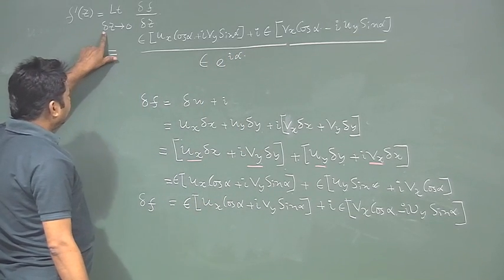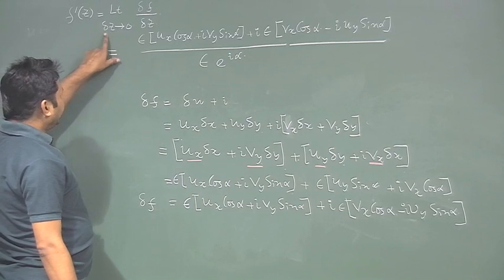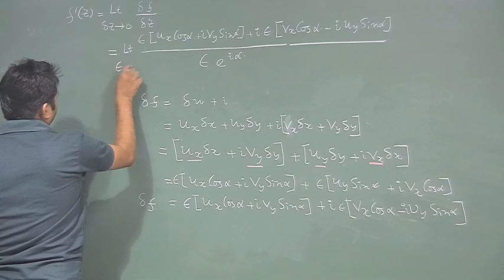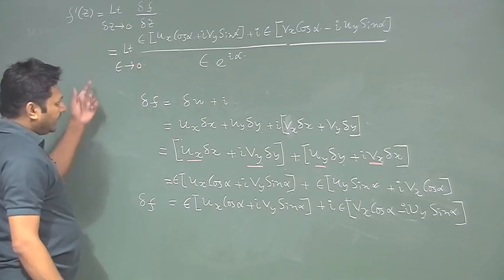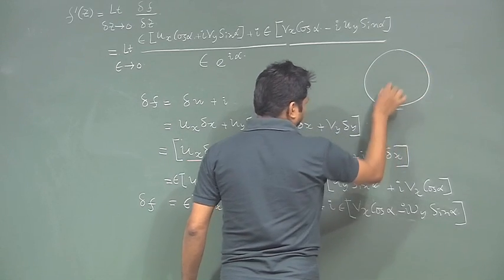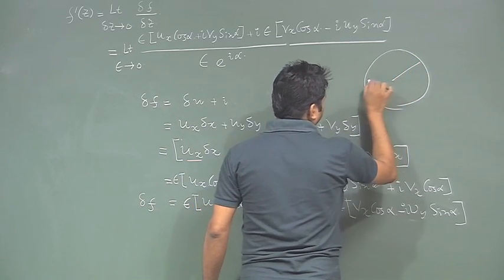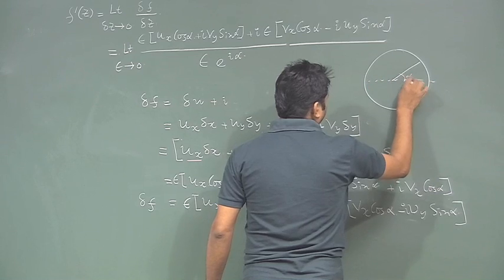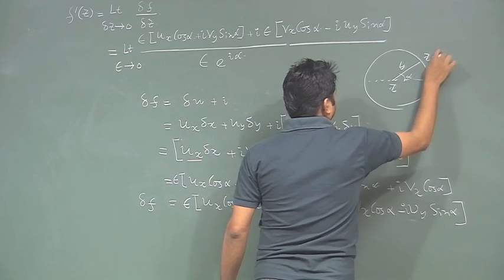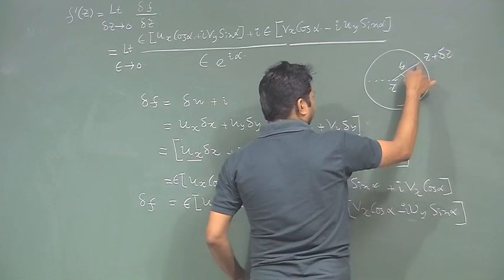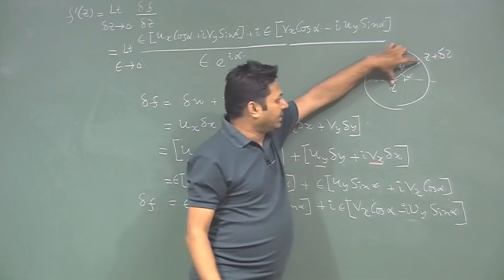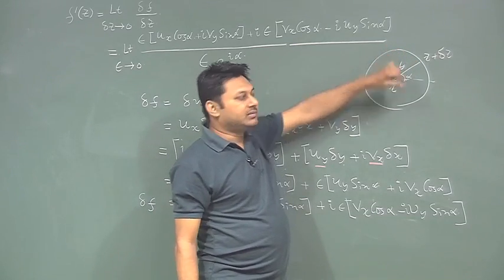Now, the limit as delta z tends to 0 is essentially the limit as epsilon tends to 0, because if you remember the figure, it was something like this. This was the point, this was the alpha, this was the epsilon, this z, z plus delta z. Delta z tends to 0 means I can come to this point along this direction.